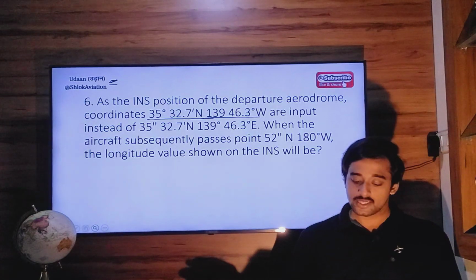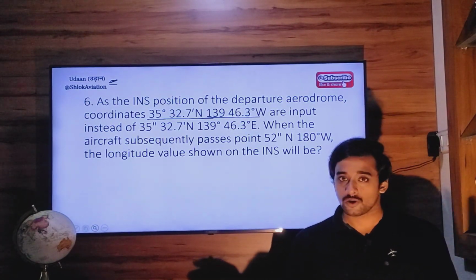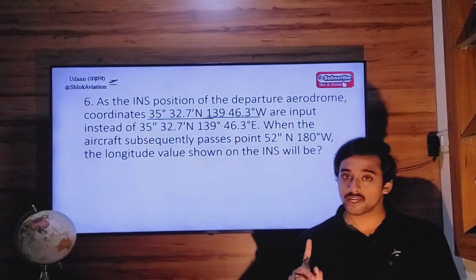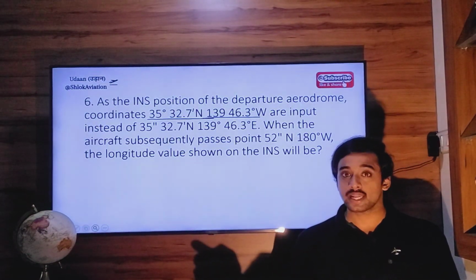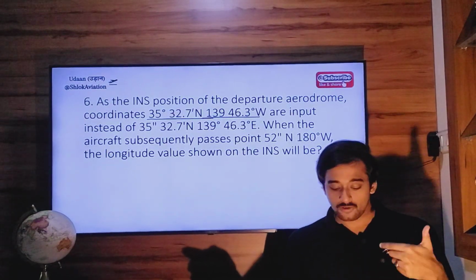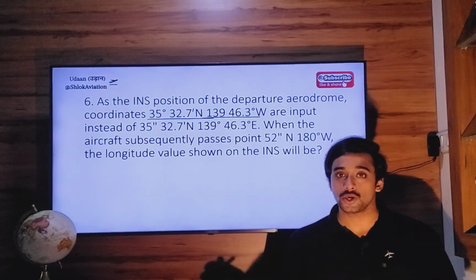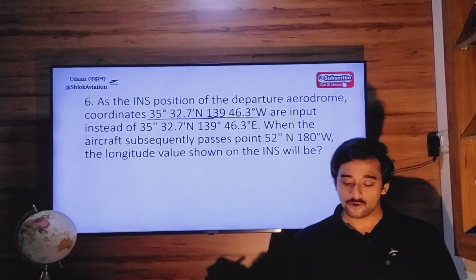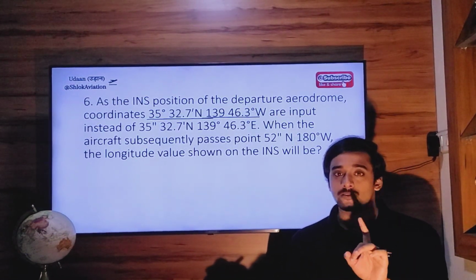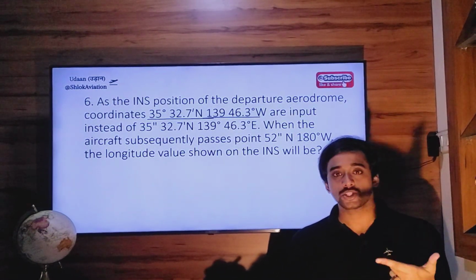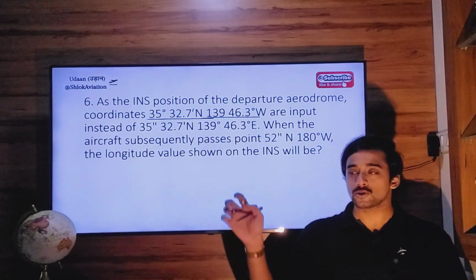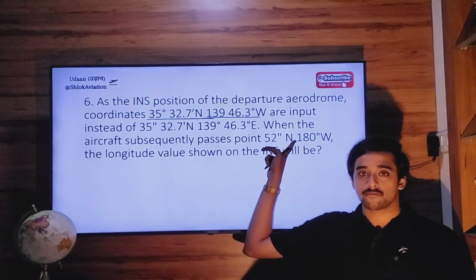Now, when this aircraft takes off and begins its journey, it passes a position called 52 degree north, 180 degree west. Now, when it passes that position, what will be the longitudinal value shown to you in the system? If you had put the correct longitudinal position at the time of departure, the system would have shown the correct longitudinal position of this particular checkpoint.